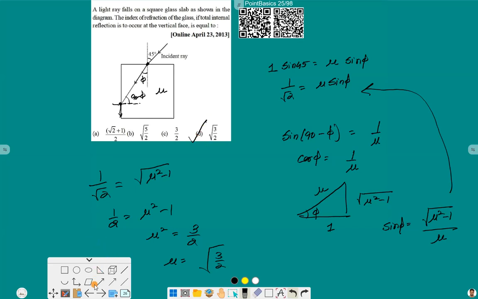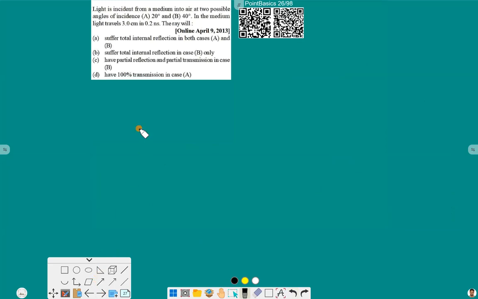Let us move ahead. Light is incident from a medium into air at two possible angles, 20 and 40 degree. In a medium, light travels 3 centimeter in 2 nanoseconds. We have to find whether the ray will suffer total internal reflection or not.